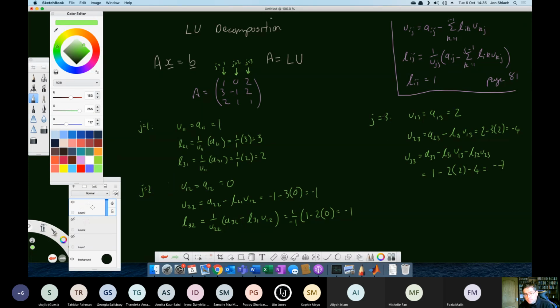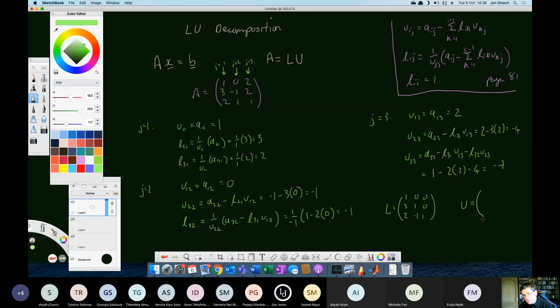So we've completed all 3 columns of A. What we can say is L is going to be a 3 by 3 matrix. We always assume 1's on the main diagonal of L. L21 was 3, L31 was 2, and L32 was minus 1. So that's our lower triangular matrix.